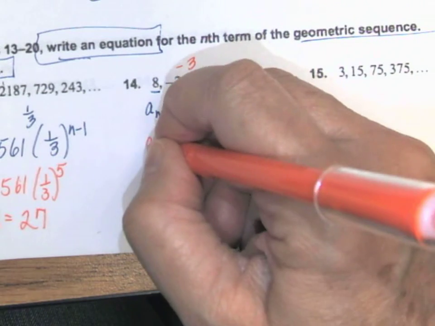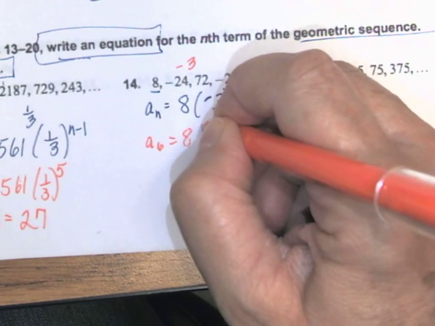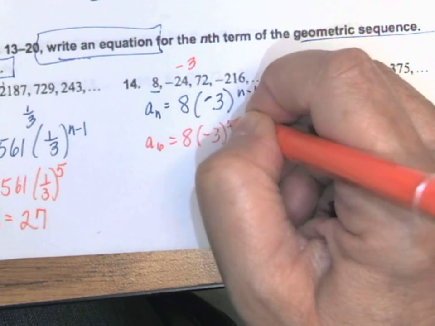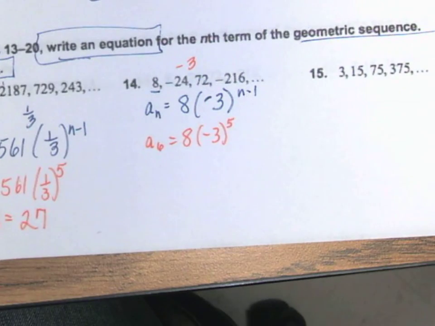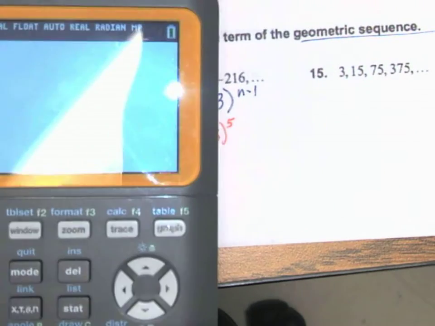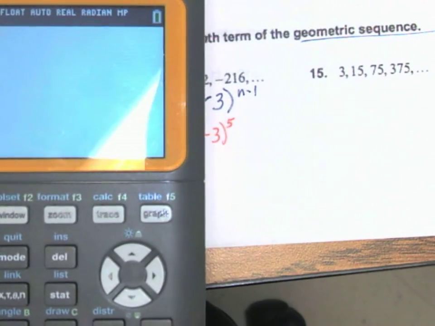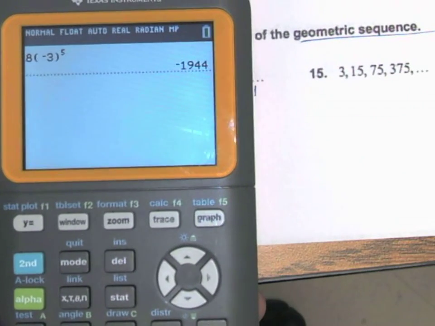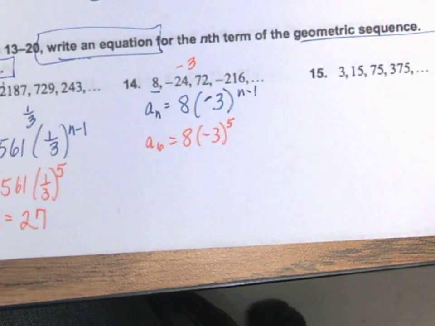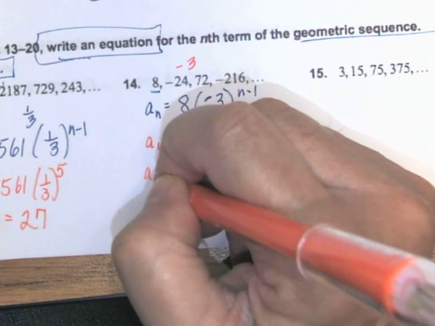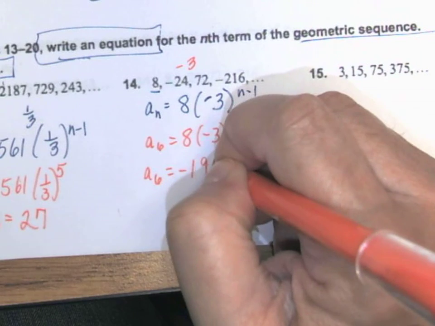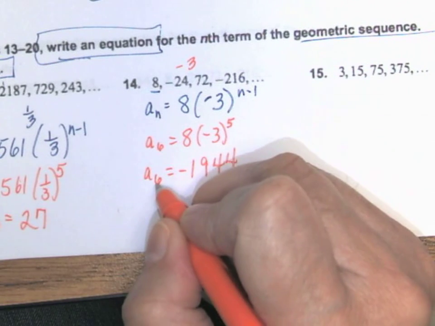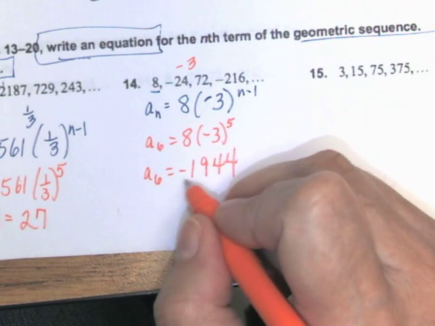So what is a sub 6? 8 times -3 to the 5th power, because I do 6 minus 1. So in our calculator, we're going to go 8 times -3 to the 5th power, and we get -1944. So a sub 6 equals -1944.